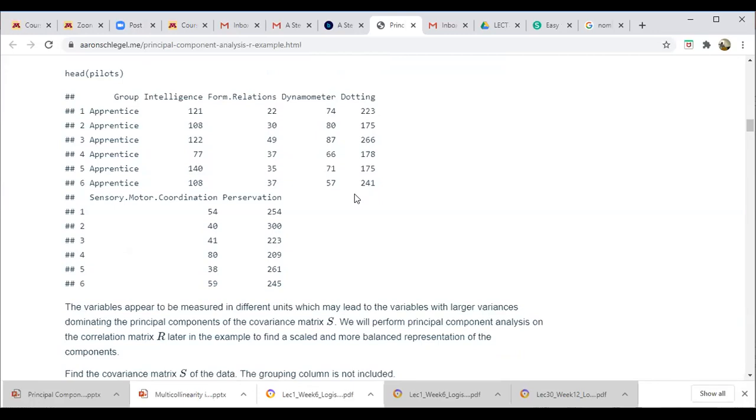Can somebody tell me the problem? If you're doing a multiple linear regression, and the number of experimental units, that is the number of observations, is the same as the number of predictors, can somebody tell me what may happen?